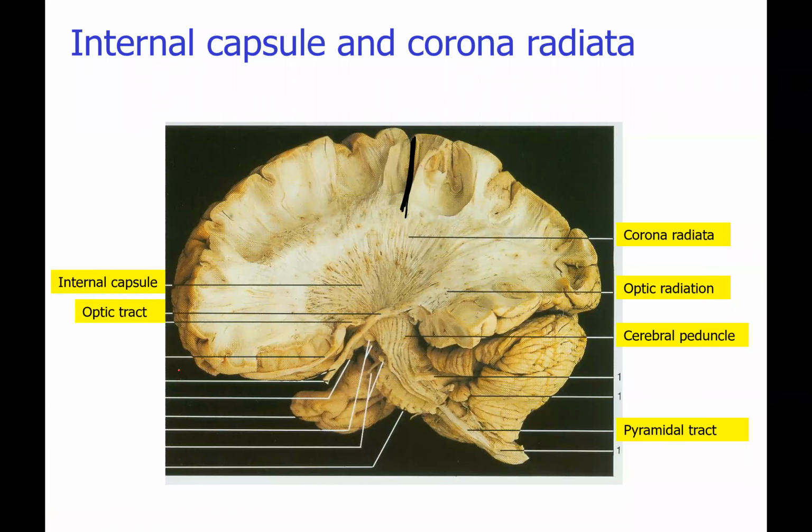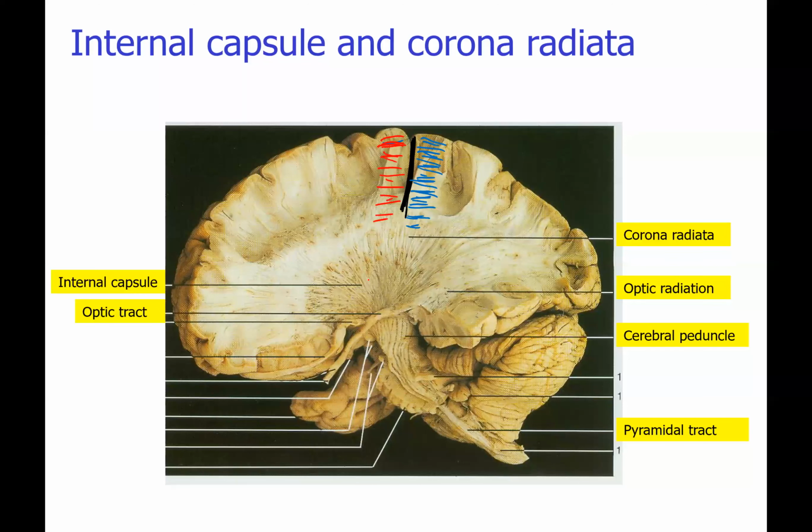If that is central sulcus, this should be the primary motor cortex in front of it, precentral gyrus. And behind that would be the primary sensory cortex, postcentral gyrus area. Sorry, this will have sensory fibers coming into that area, and the motor cortex will have motor fibers starting in this area and going down.